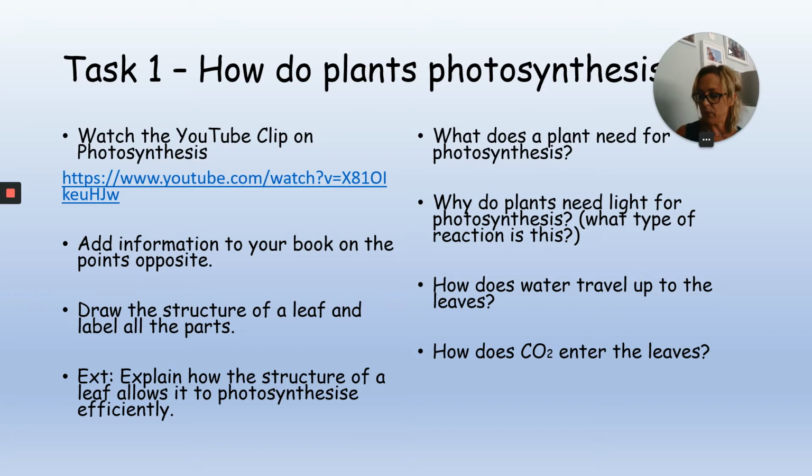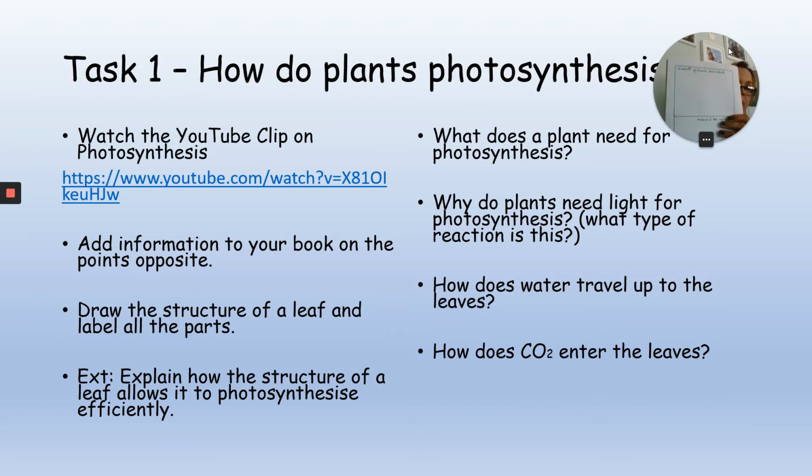Okay, so before I let you crack on with that, I've got a little format here that I've done in my own little exercise book that I've got at home, and this is how you can lay out your knowledge organizer. The first bit here is the key points on photosynthesis, so those 4 things on the right hand side of the screen. The second bit here is a space for you to draw the structure of a leaf and label it all up.